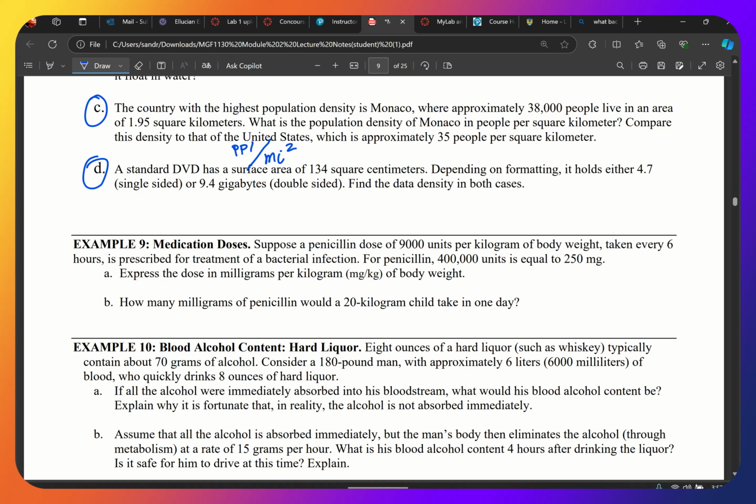400,000 units is equal to 250 milligrams. 400,000 over 250 gives you how many units in 1 milligram. So I did the 400,000 divided by 250, which gave me 1,600 units per 1 milligram.